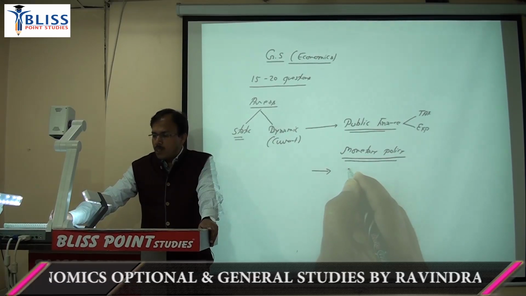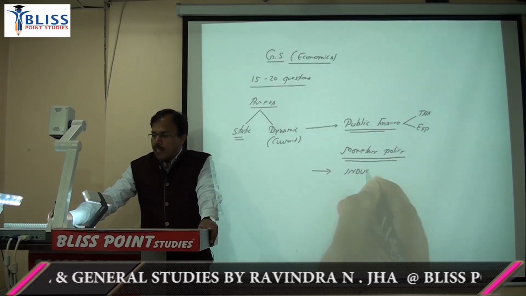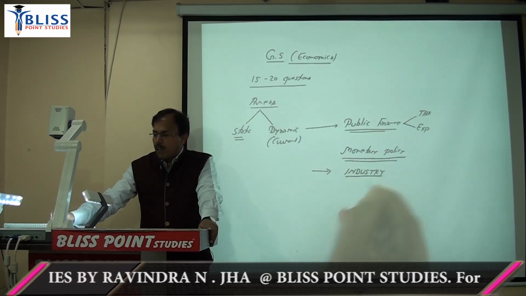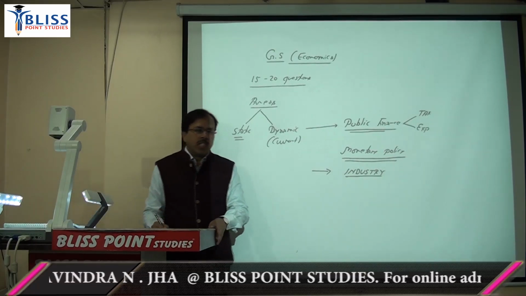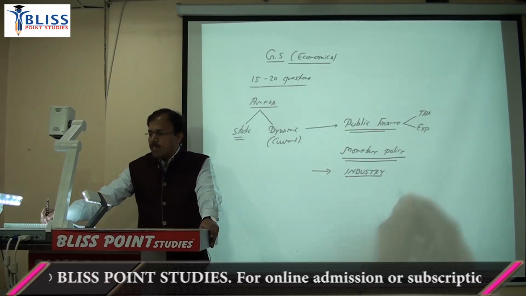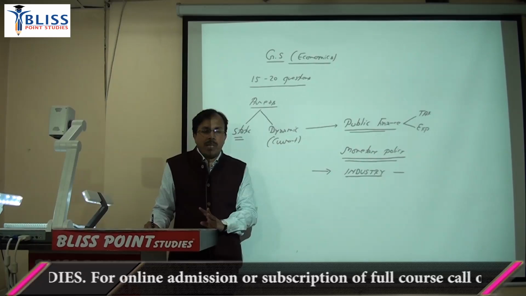Sectoral description in the sense that one important sector will be industry, so questions related to that. Industry will obviously include, for example, the MSME sector. How do you define micro unit, small unit and medium unit?